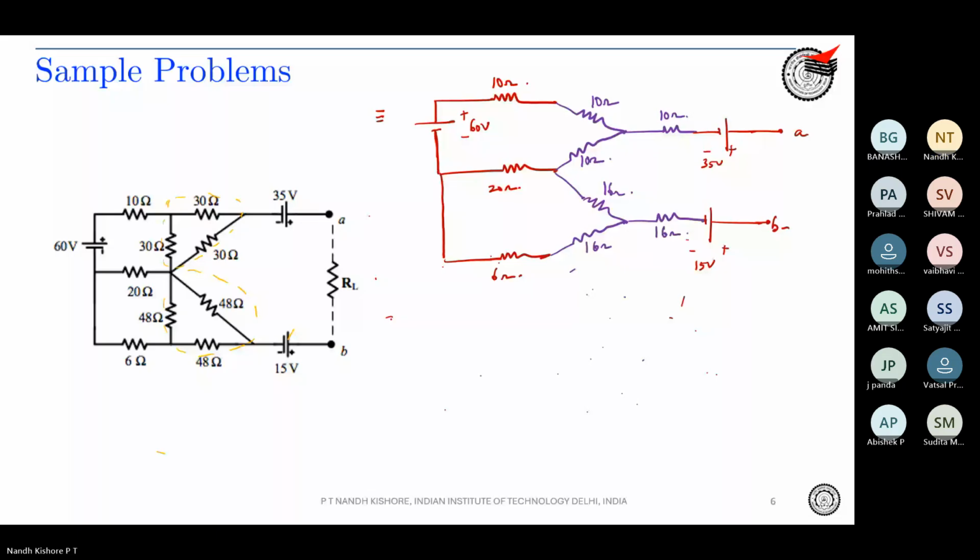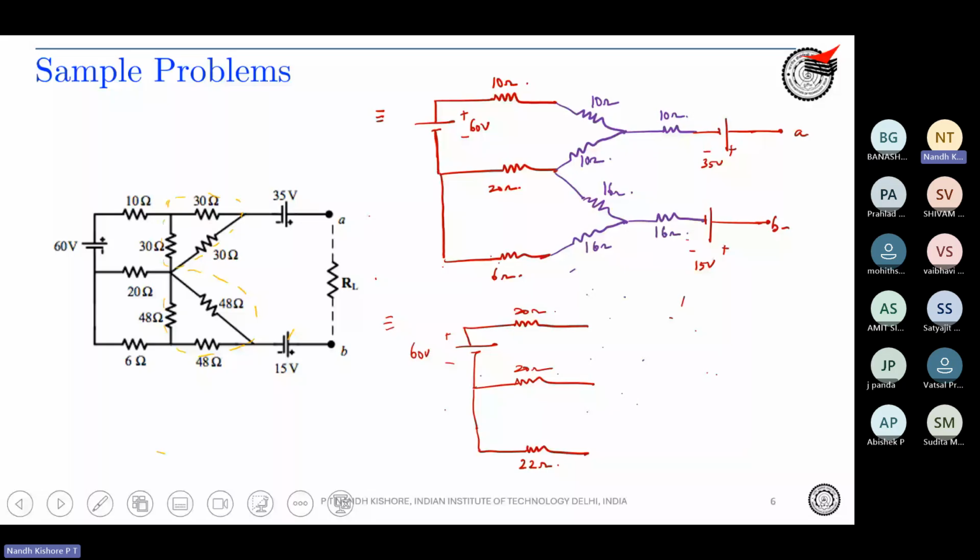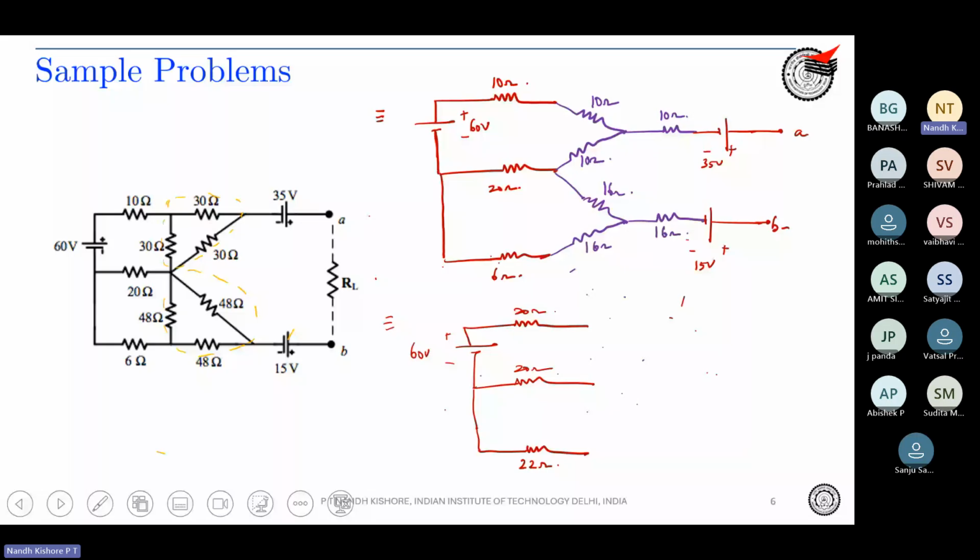So 60 volts. 10 and 10 in series is going to give you 20 ohms. This is again 20 ohms. This is 22 ohms. And then you have a 10 ohm resistor connected over here, and a 16 ohm resistor connected over here.